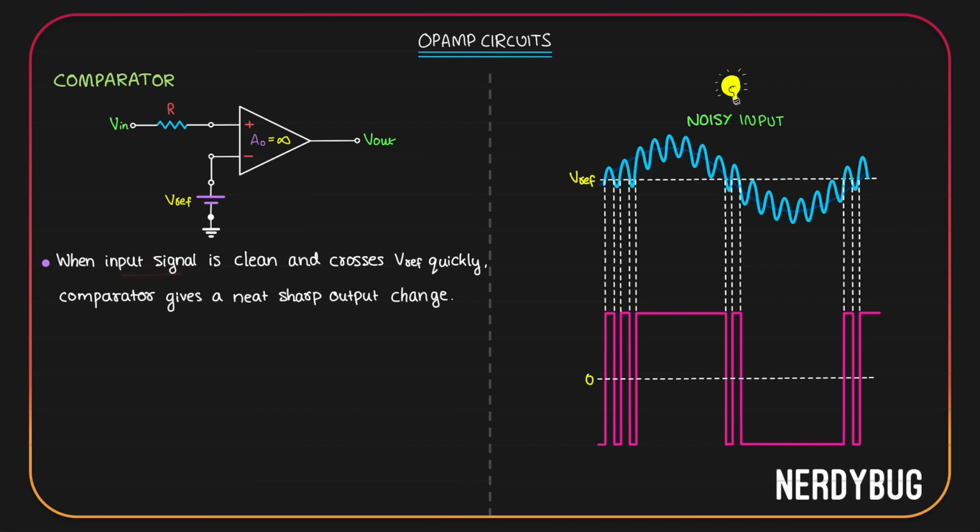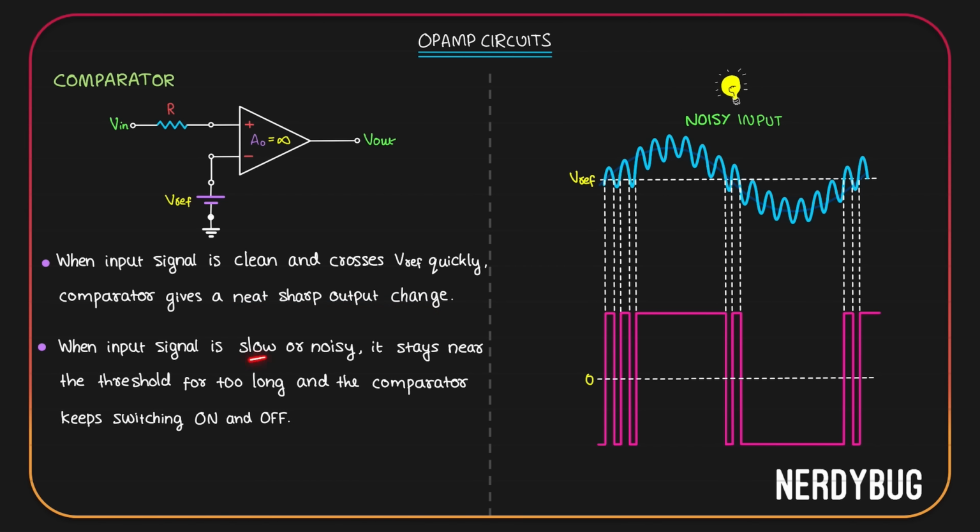When input signal is clean and crosses the reference voltage quickly, comparator gives a neat, sharp output change. But when the input signal is slow or noisy, it stays near the threshold for too long and the comparator keeps switching on and off. That's what is happening at all these points.